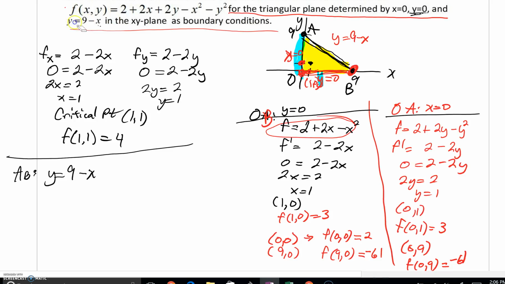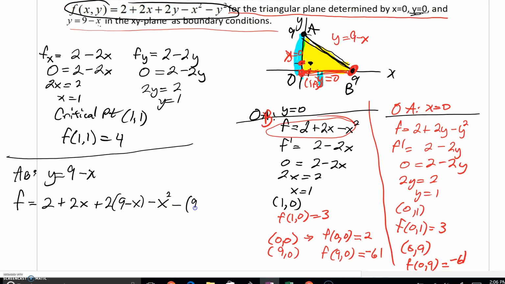That means as we come back up to f of x, everywhere there's a y, we replace that with 9 minus x. You can see you're going to get a brand new equation exclusively in terms of x.